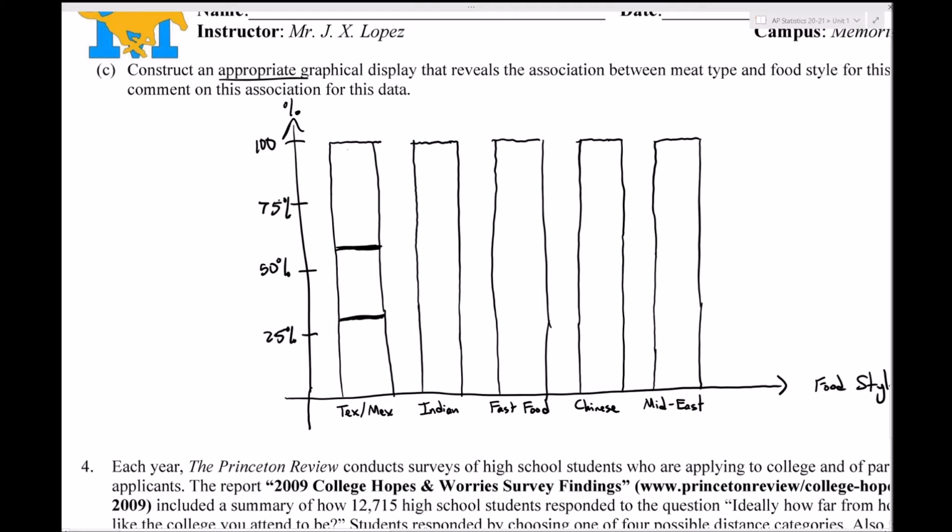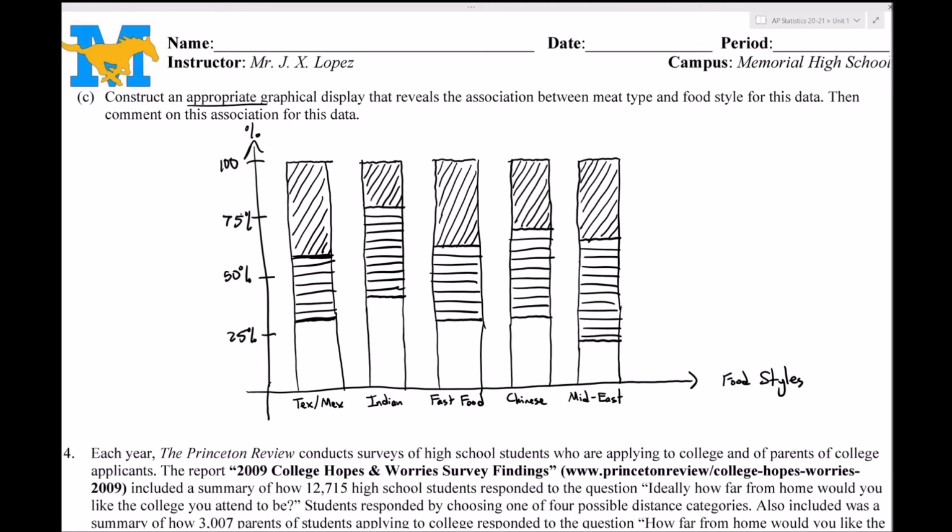Because I'm scaling it from the top going this way in my mind. So then I'm not going to shade in the bottom. I'll shade in the middle, maybe this way. And then I'll shade in the top, maybe this way. And that's going to show the differences between the segments and how to pick them off visually from each other. So then here's the rest of that bar graph segmented.